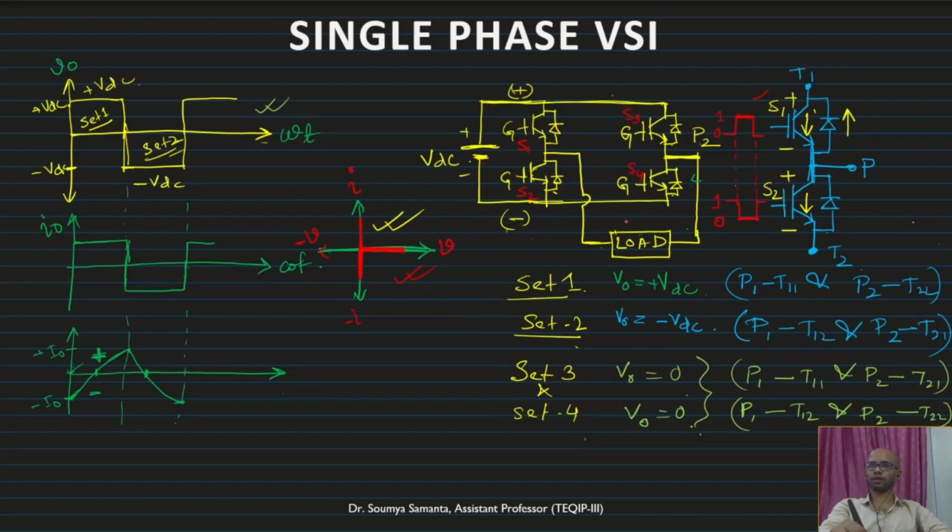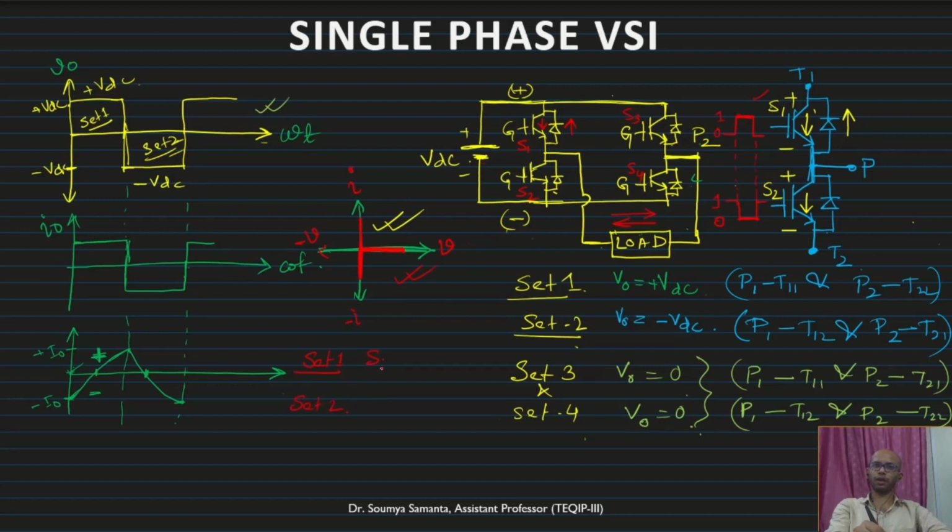So what is the direction of the current? Obviously there is bidirectional current carrying capability. Through the IGBT, the current flows in this direction, and this is the opposite direction. Whenever, if I say for set 1, whatever the connection, set 1 and set 2.